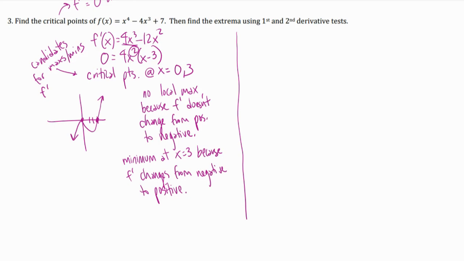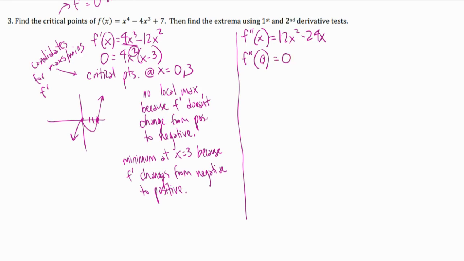So for example, here, I'm going to find the second derivative, and it is 12x squared minus 24x. And then what you do is you test each critical point. So if I plug in 0, I get 0.